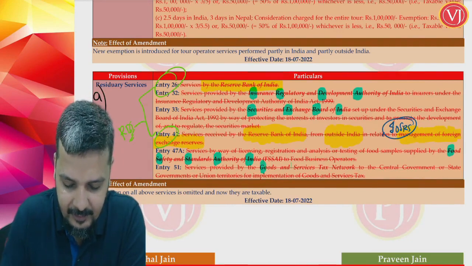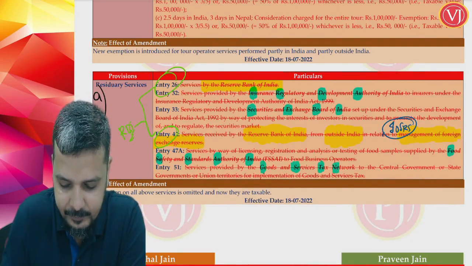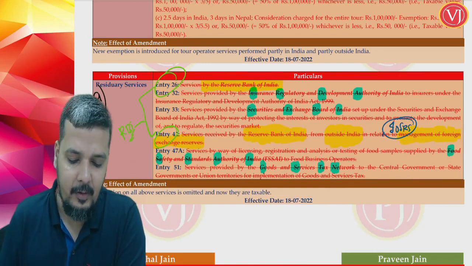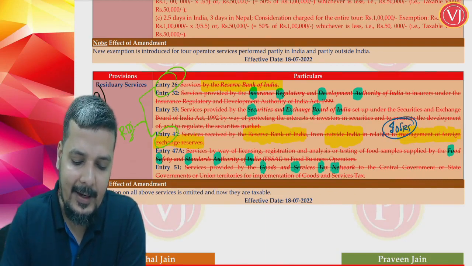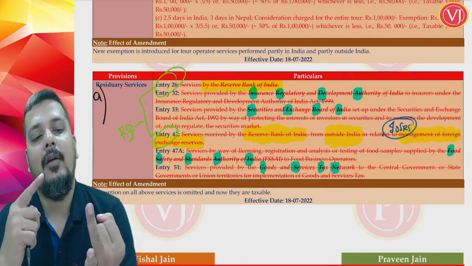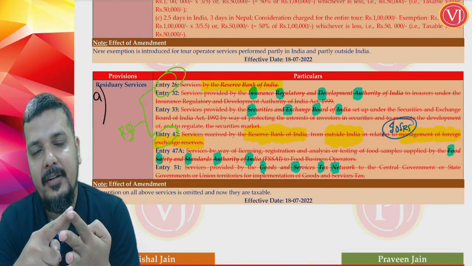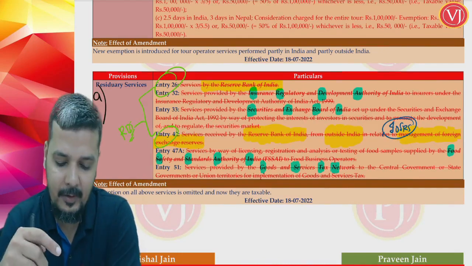Services given by GST Network to government was exempt, now taxable. So these four categories were previously exempt, now they are taxable.